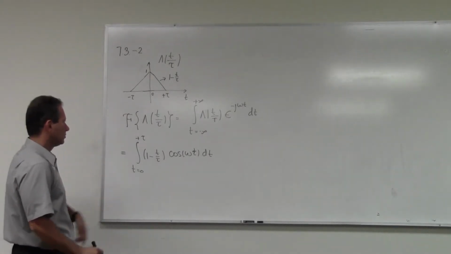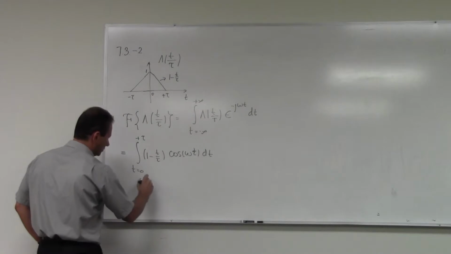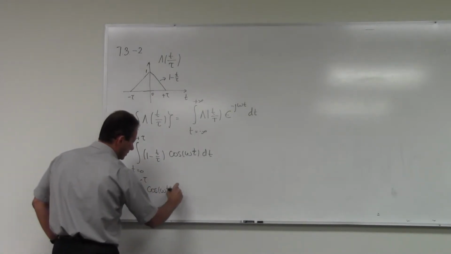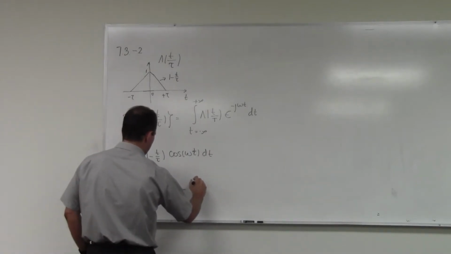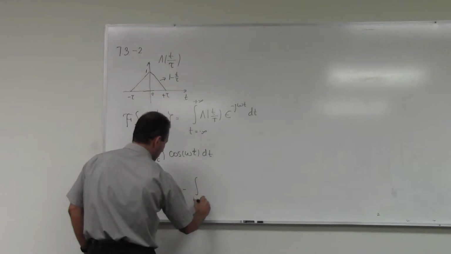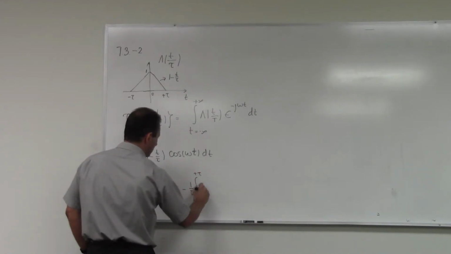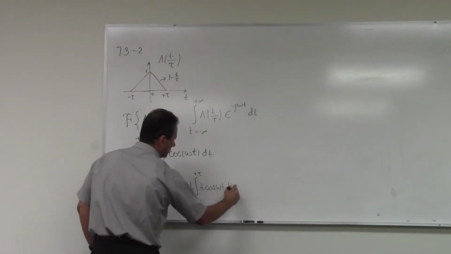Now, this splits into two integrals. One is the integral t goes from 0 to tau of cosine omega t dt. That one is easy to evaluate. And the other one is also a table integral when t goes from 0 to tau, 1 over tau t cosine omega t dt.